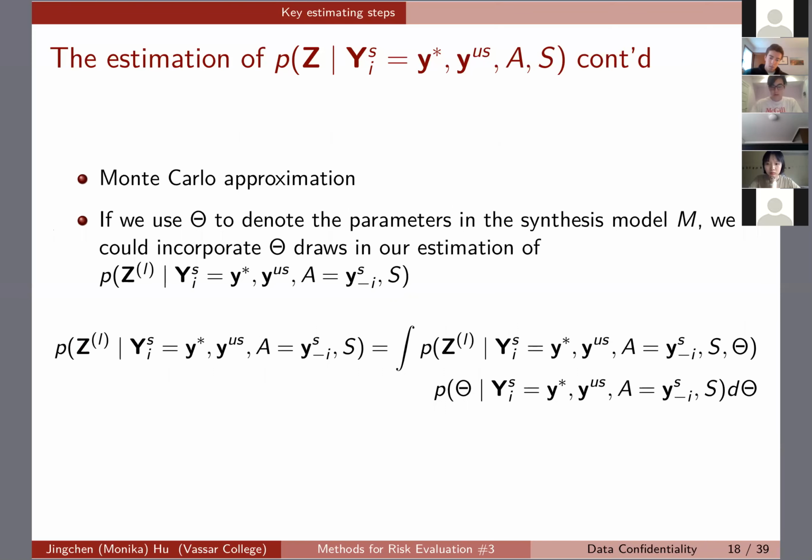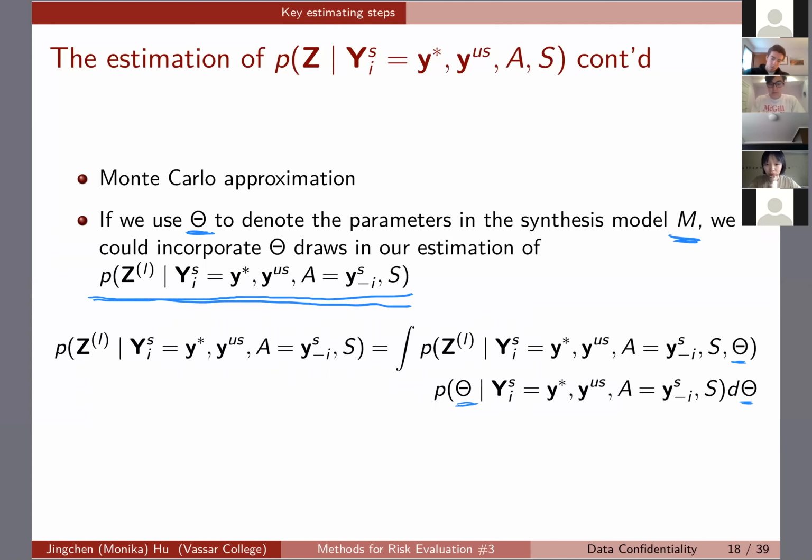And so what I was writing earlier was this. This will be the Monte Carlo approximation if you want to do it, in a sense that because we already have the parameter draws from the model that we estimate, we are able to incorporate those draws in our final estimation. That's the left-hand side that we're working with earlier. And then you can insert those draws. Well, mathematically, that's what it is.